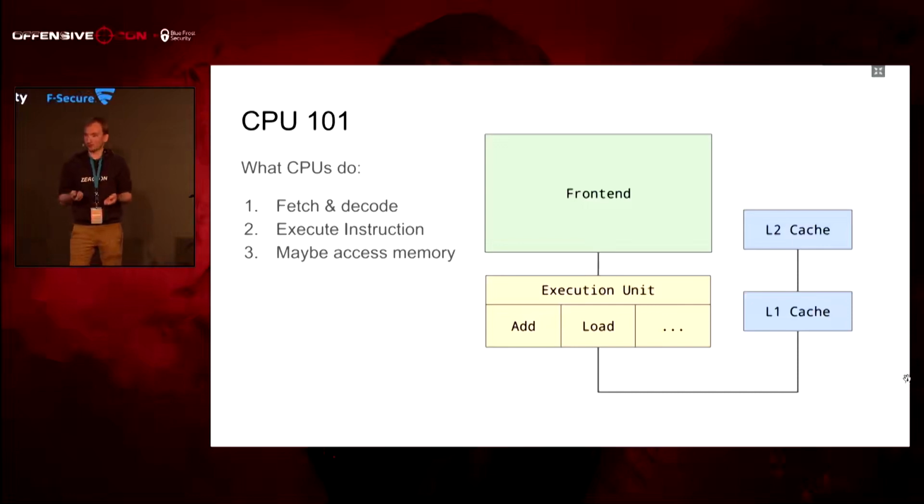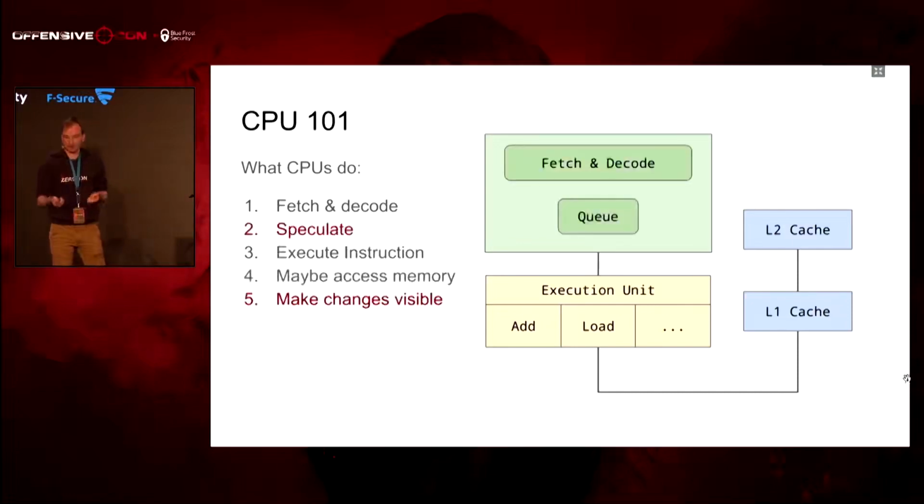Except with Spectre, everyone learned this is not what CPUs do. They speculate. So they have some kind of queue where instructions get queued up, and if you need to wait for a memory load, that is pretty slow, so you just continue executing stuff. And if there's a branch, you just guess which way it will go. Well, yeah, you make an educated guess.